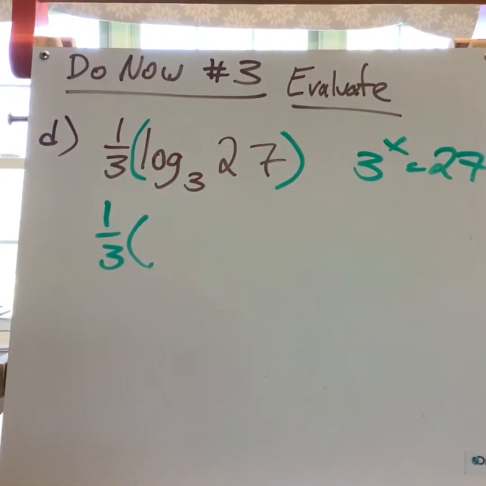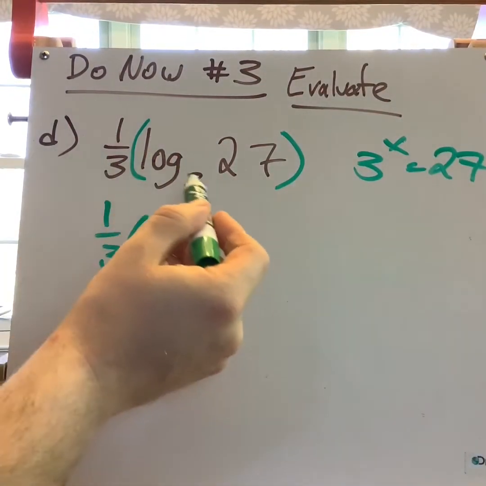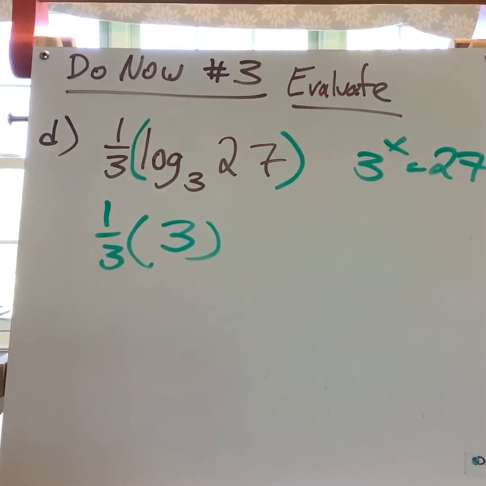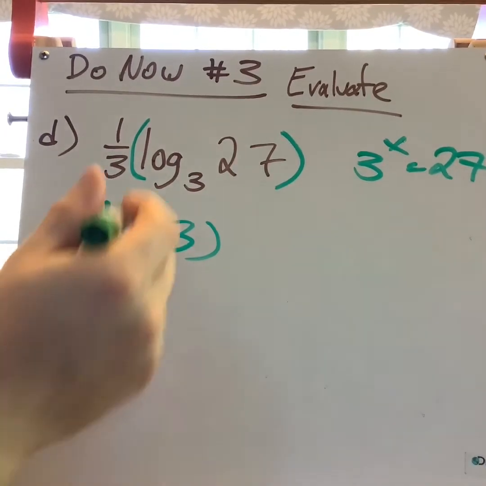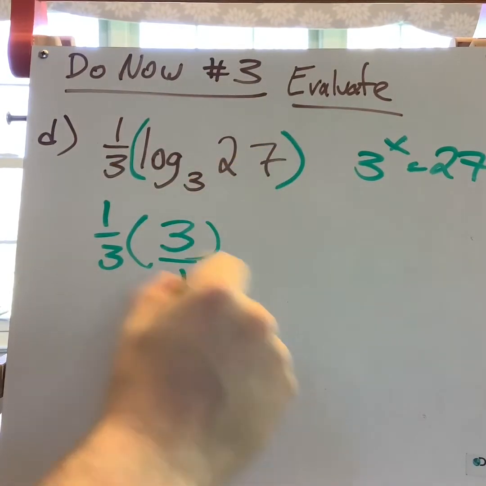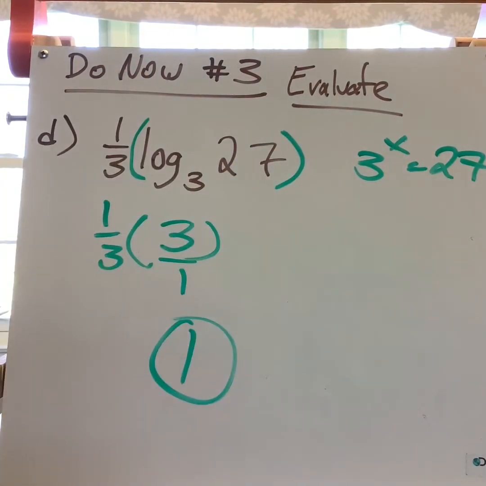That's what you're thinking in your mind. Hopefully you can see that that's 3, because 3 times 3 is 9, times 3 is 27. So we just get 1/3 times 3, or 1/3 times 3 over 1. The 3's reduce, and you just get 1. Those are reciprocals, and when you multiply reciprocals, they reduce to 1.